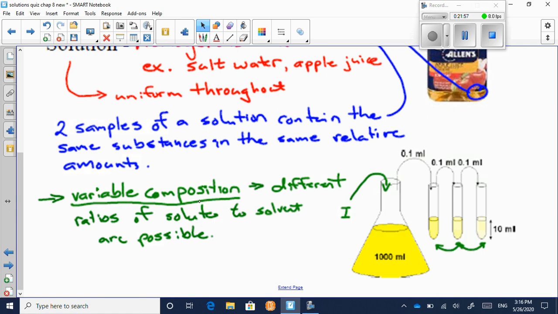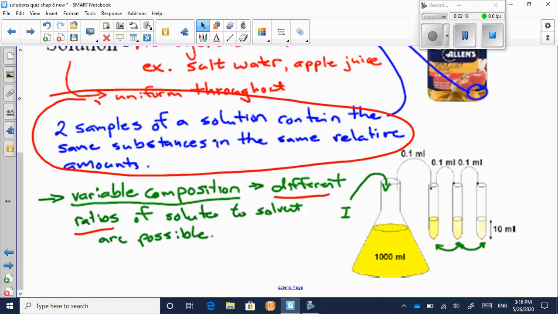But all that means is that you can mix things up with different ratios. So you don't always have to put in like 1 gram. You could put in half a gram or a quarter of a gram and make up different solutions. But once you'd mixed up your solutions, every one of the solutions would have the same relative amounts of the different components. Okay, so there's a slight difference there between those.